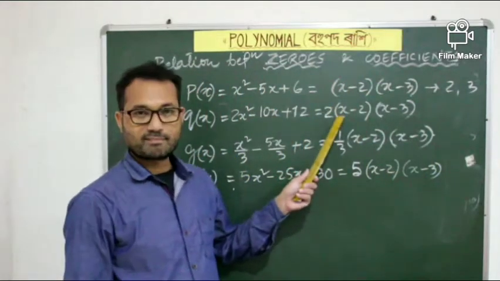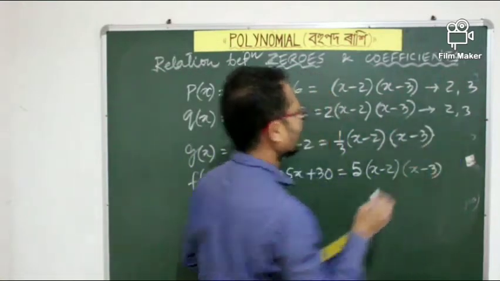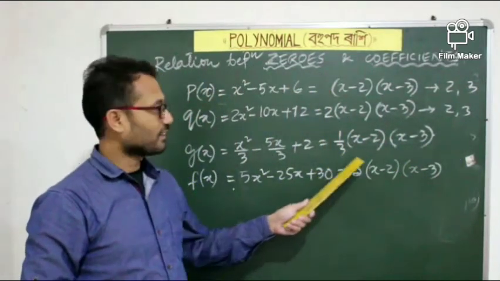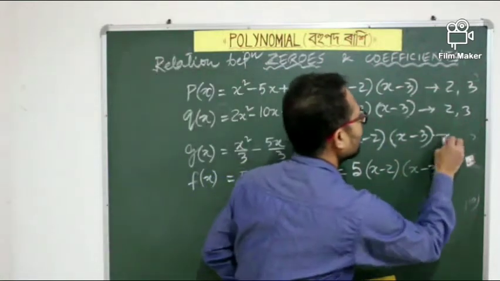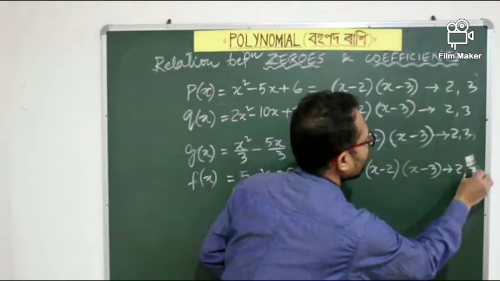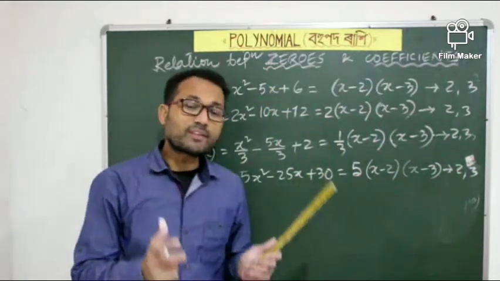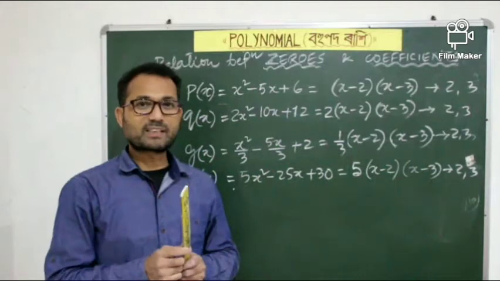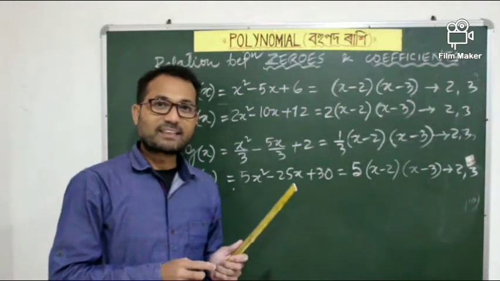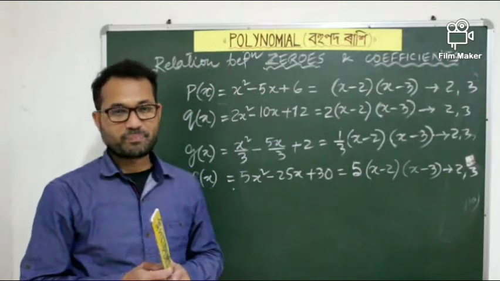For the others again 2, 3. So I am writing here 4 different quadratic polynomials but getting the same zeros 2 and 3.